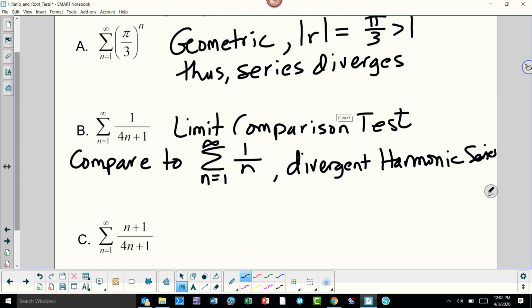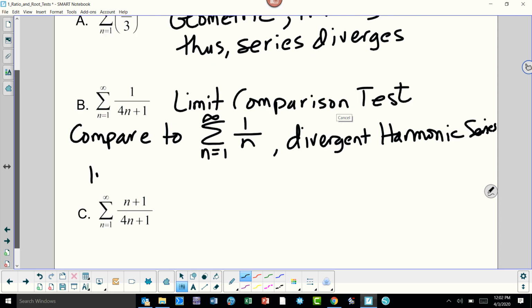So I know that diverges, so then I would do my limit comparison, which is simply the limit as n goes to infinity of the one that you're looking at divided by the one I'm comparing it to.